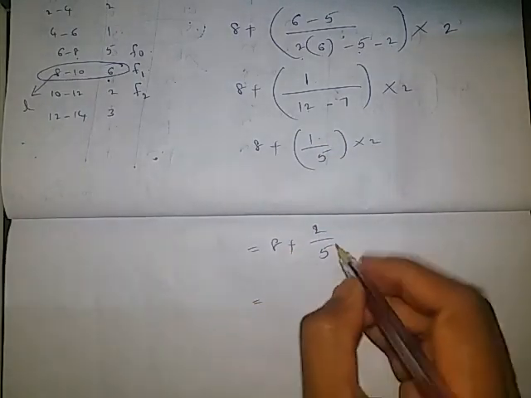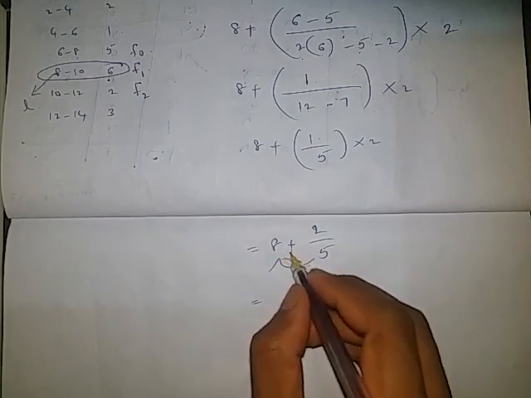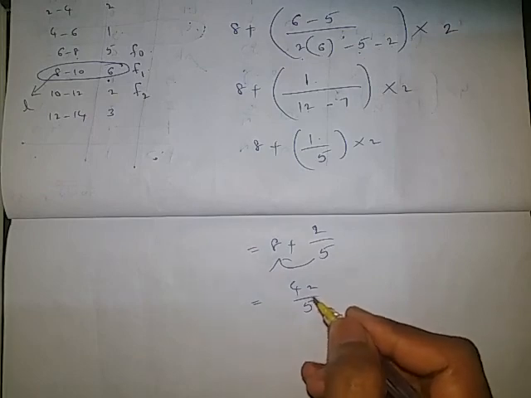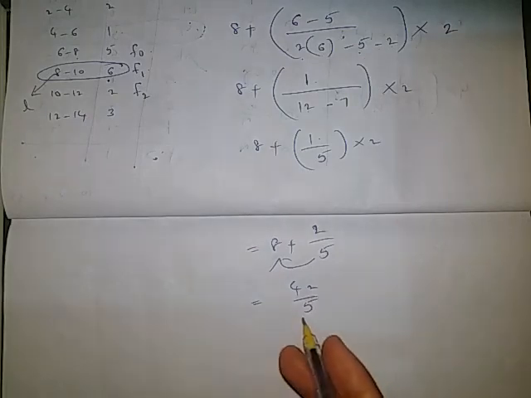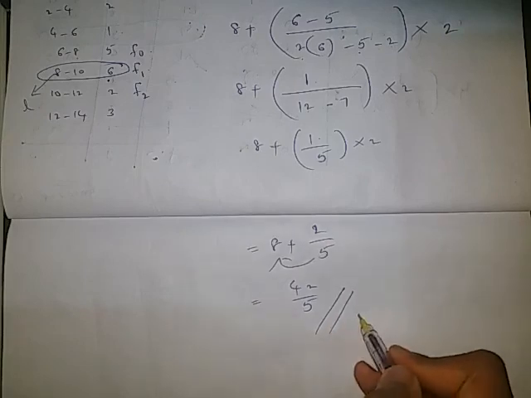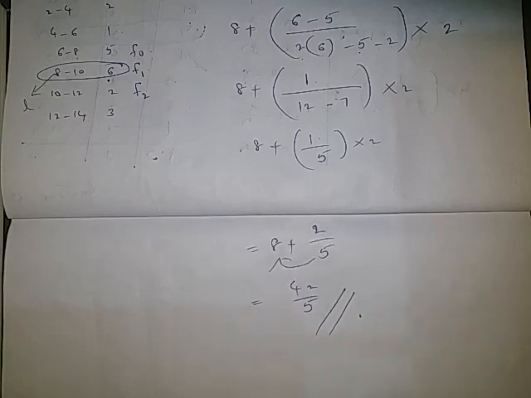If we do multiplication here, 5 eights are 40 plus 2, 42 by 5. If you do the division method, you will get the answer in decimal also. So the mode of the given data is 42 by 5.